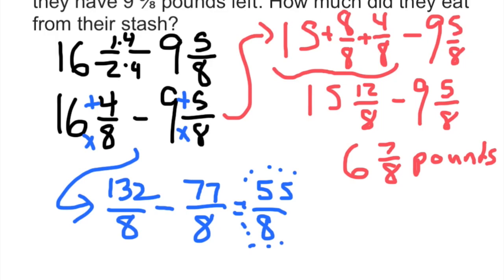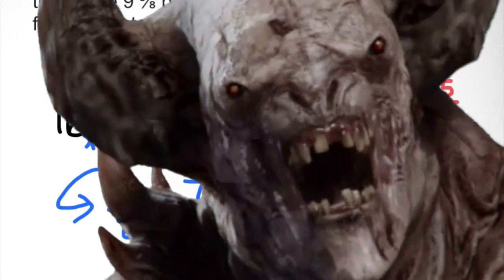This is an improper fraction. We need to change it to a mixed number. There are 6 eighths in 55. 6 times 8 is 48. 7 left over. So the answer, either way we do it, is 6 7/8 pounds.